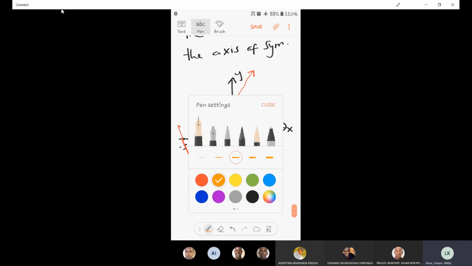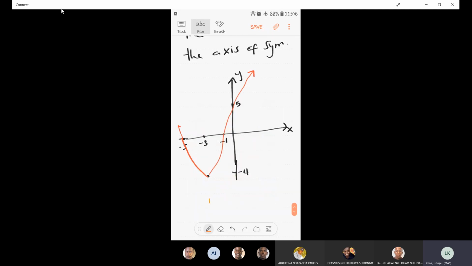I just use a different color. So this is my axis of symmetry. Then I label my axis of symmetry. This is the line x is equal to negative 3. My minimum turning point has to be labeled at the point itself. So I have minus 3, minus 4, and there it is.